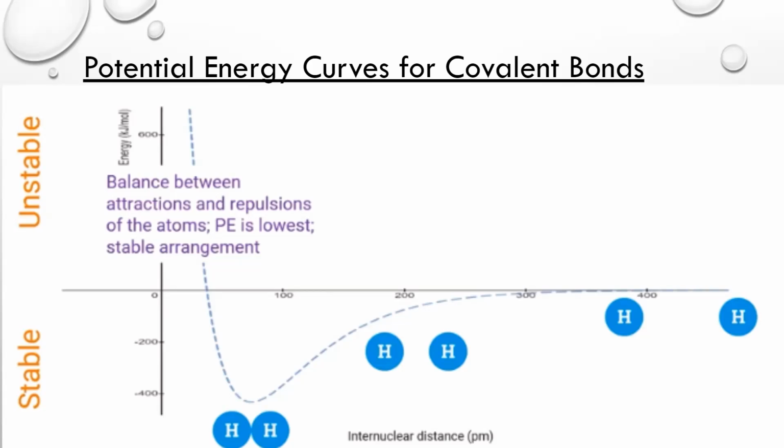So when we start off on the far right, we see that they're far apart. As they move closer and closer together, getting more stable, and then they get to the point where they've released a good amount of energy and they're next to each other.